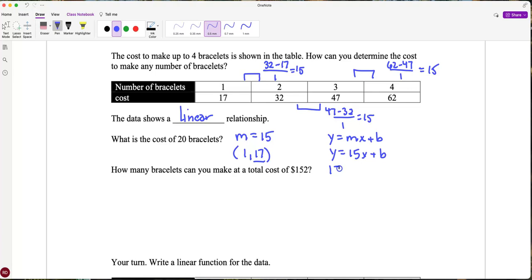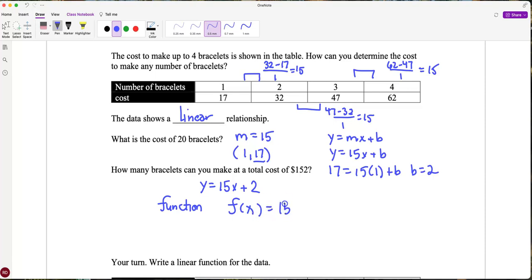Substitute a 17 for y and a 1 for x, and that's when you get b is equal to 2. So this is y equals 15x plus 2, but as a function, using function notation, I'm going to write f of x equals 15x plus 2.